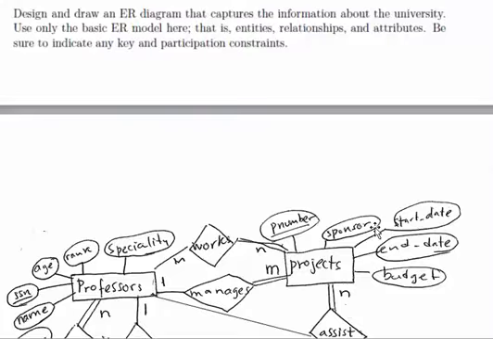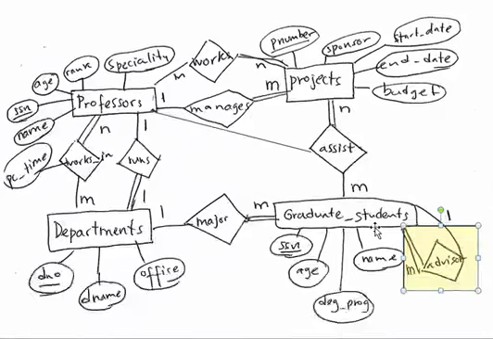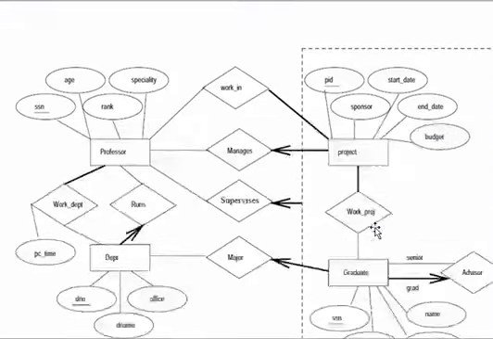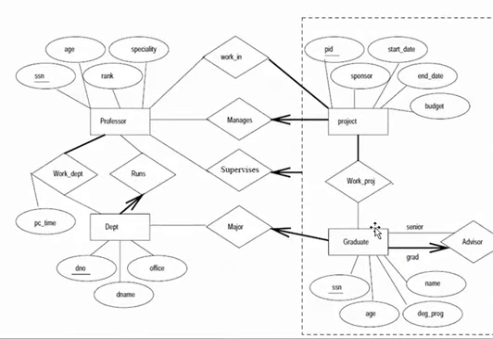I just want to show the solution that the textbook shows for this, and let's see the difference. In the textbook, there are some differences from what I have in my solution. Mainly, they have this big block.